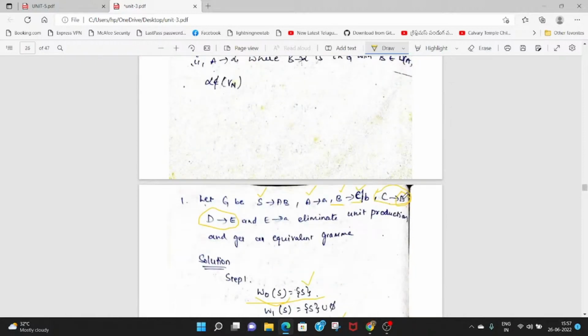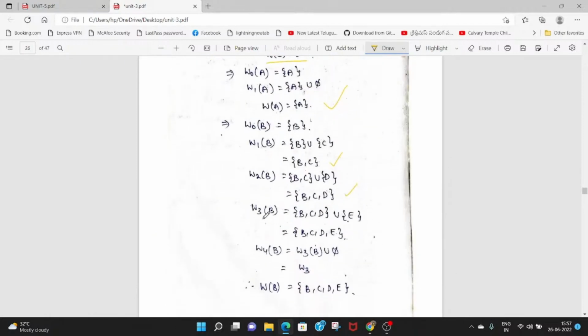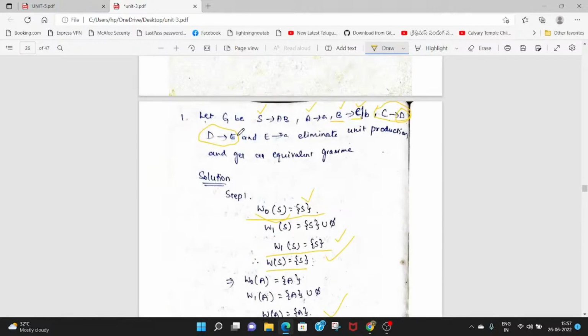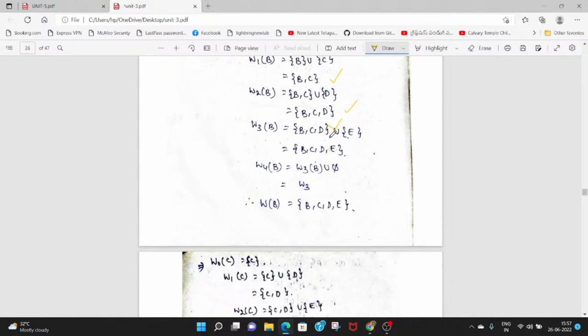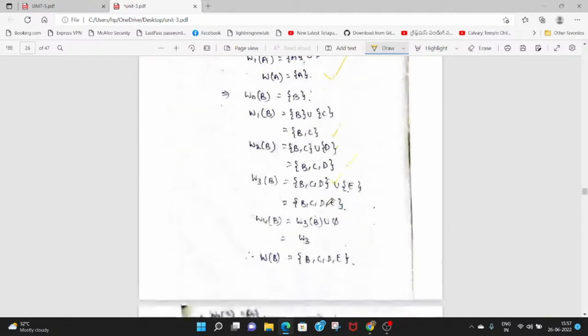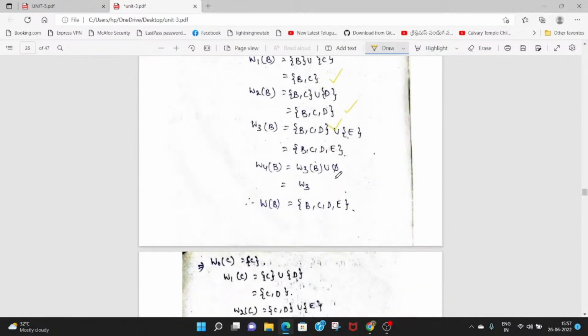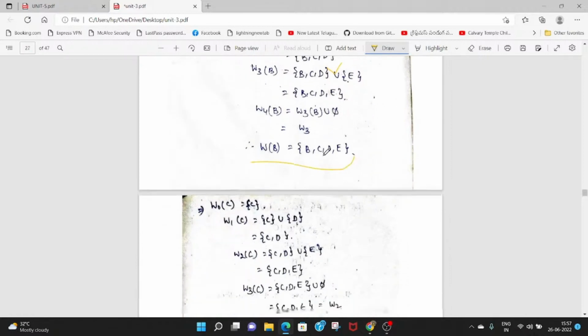Now C is going to derive D, so I include D also. In the next step, D is going to derive E, so I include E also. After that nothing is left for this unit production, so I can stop here, and W of B will consist of B, C, D and E.